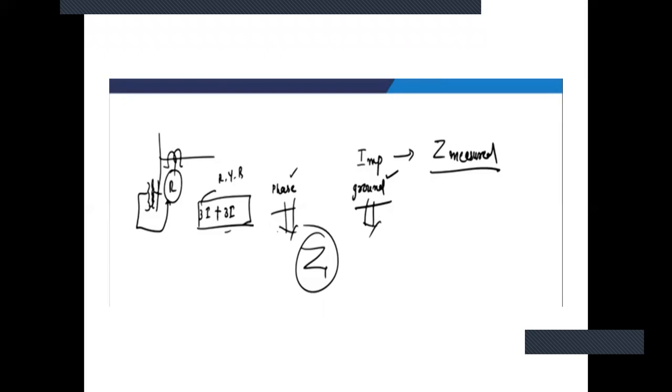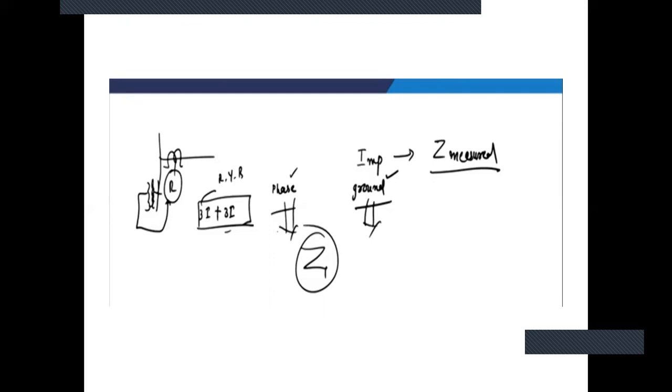These values must be given to the distance relay, so that for each and every type of fault, it measures the correct value of the impedance from the relaying point to the fault point.